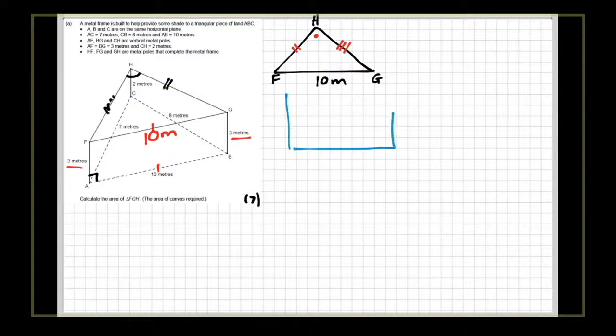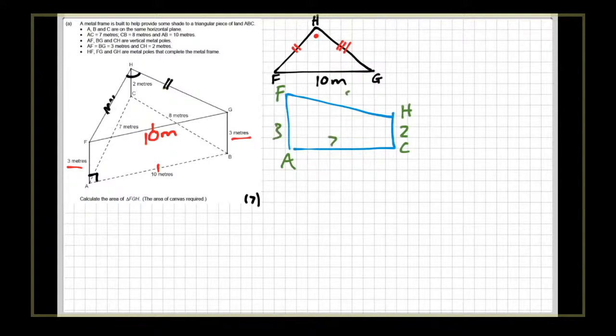So there is A, F, H. Just want to make sure that I've got it right. H and C. That is 2 meters. That is 7 meters. And that is 3 meters.